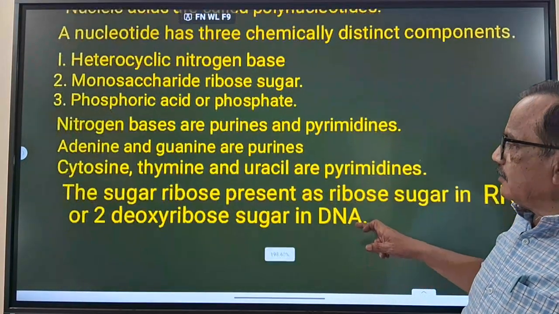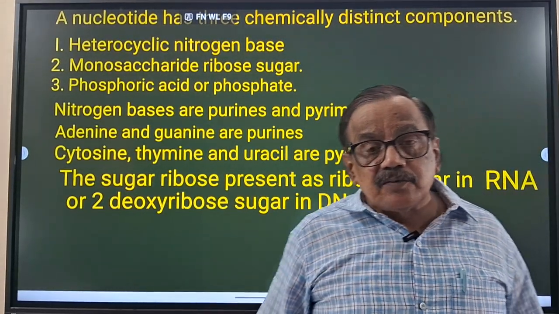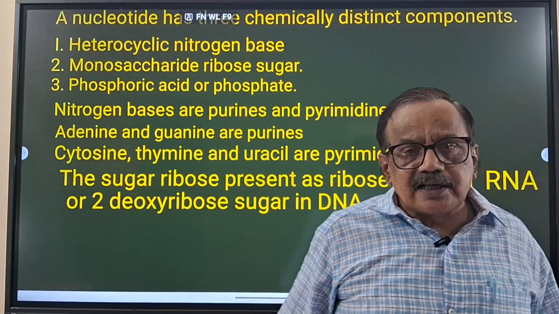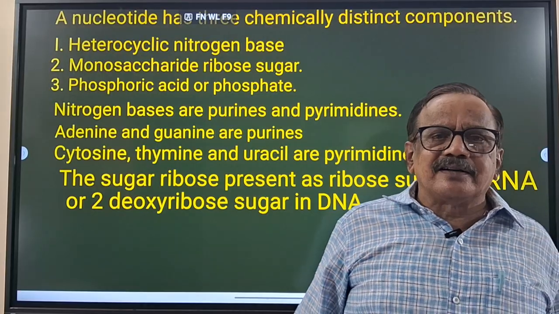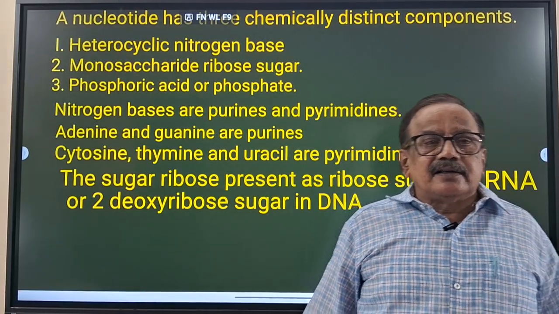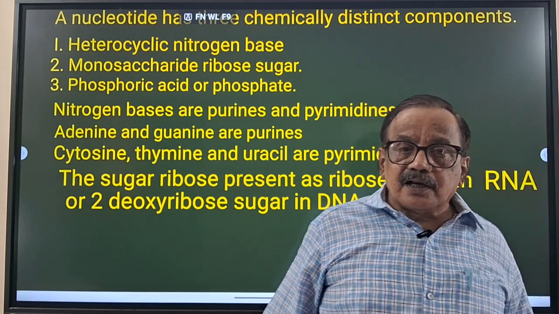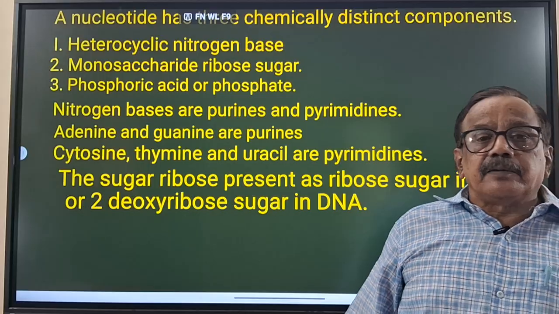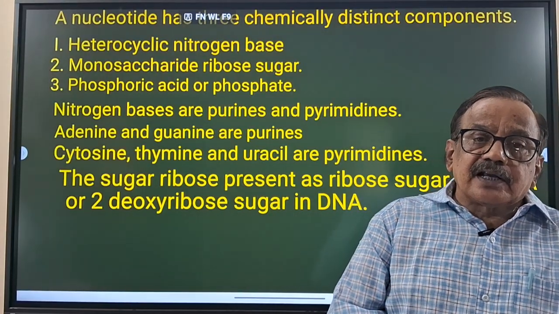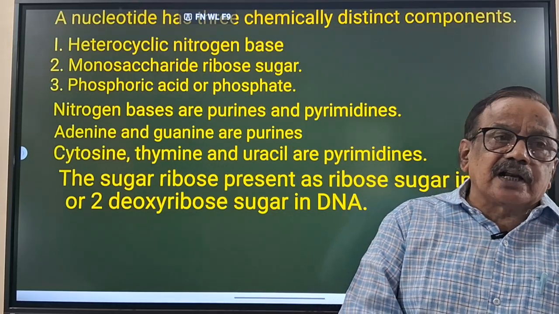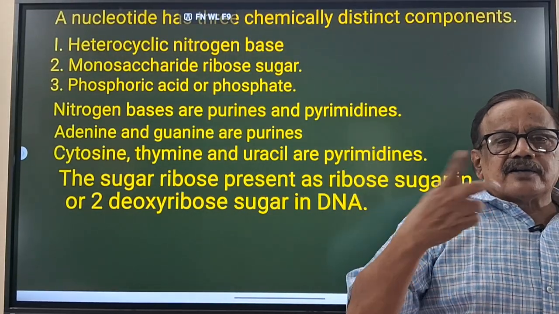Next is the ribose sugar. Based on the sugar, we call the nucleic acid RNA or DNA. This is also a neat point: ribonucleic acid is RNA and deoxyribonucleic acid is DNA. Ribonucleic acid means ribose sugar. Deoxyribose means that at the second position, where the hydroxyl group is, one oxygen will be missing.